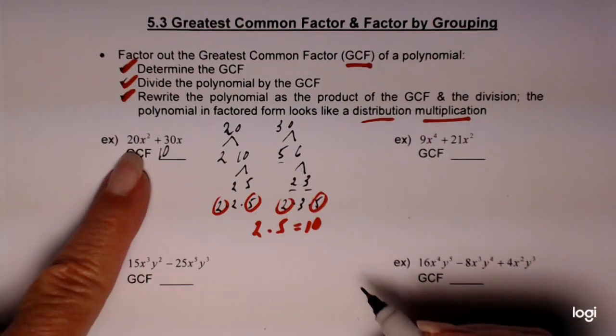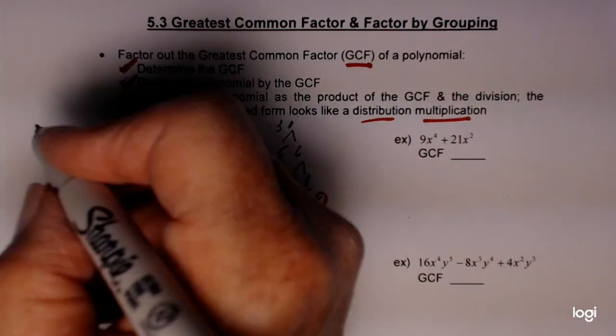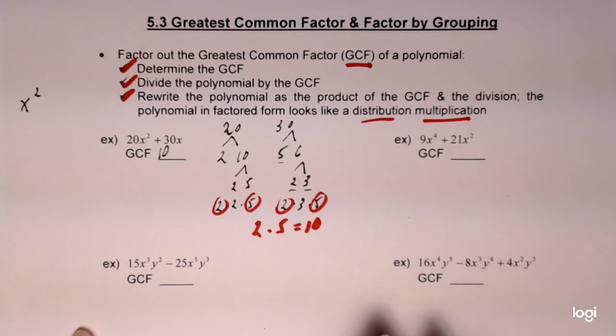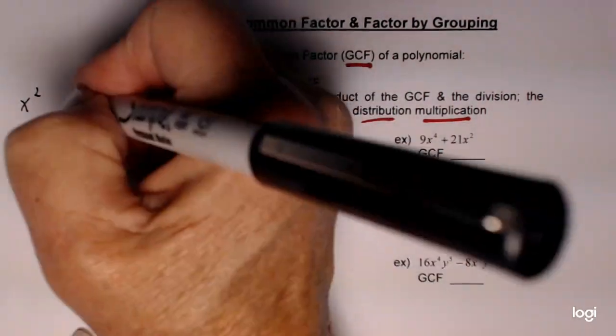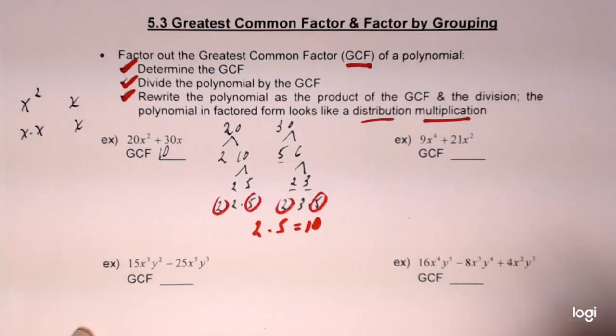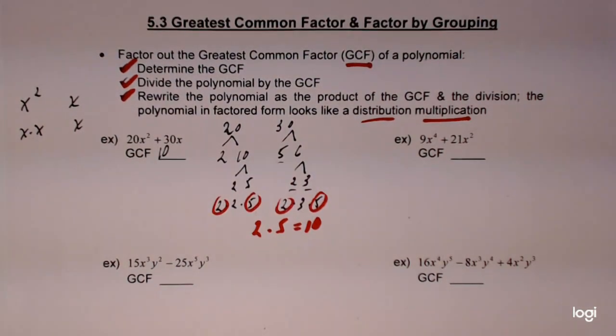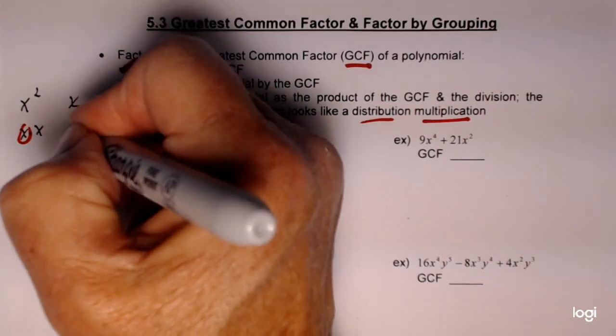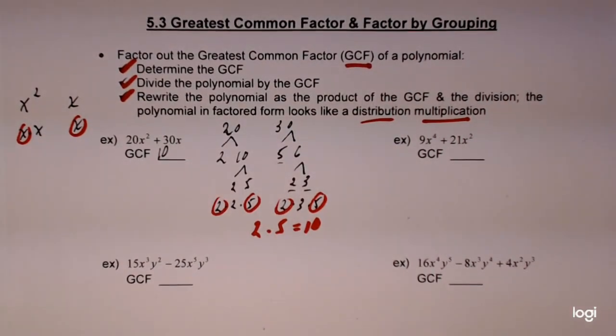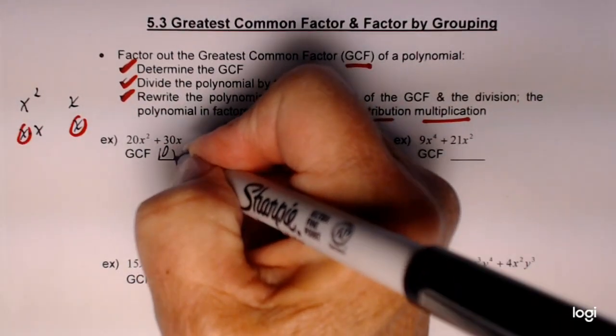We have x squared and x. So let's consider x squared is x times x, and x is just x times 1. I'm not going to bother to write the 1. So what we can see here is we have an x in common. So our greatest common factor in terms of the variables would be x.